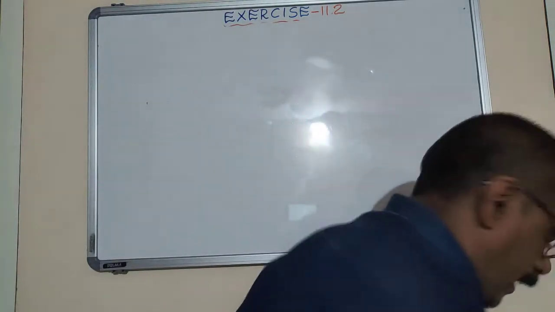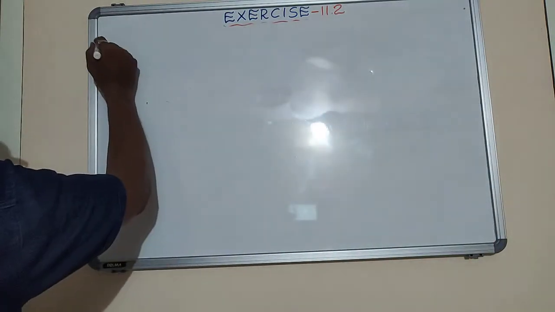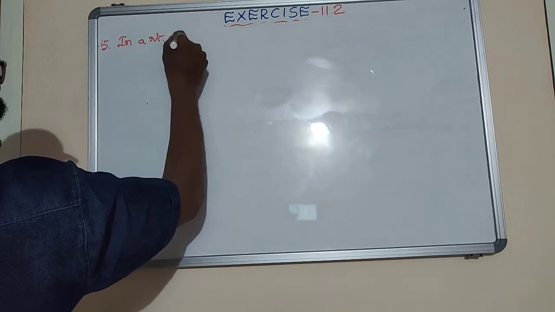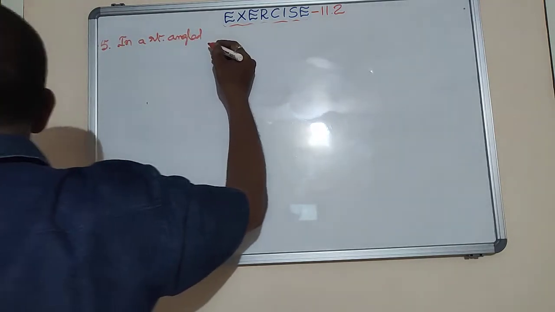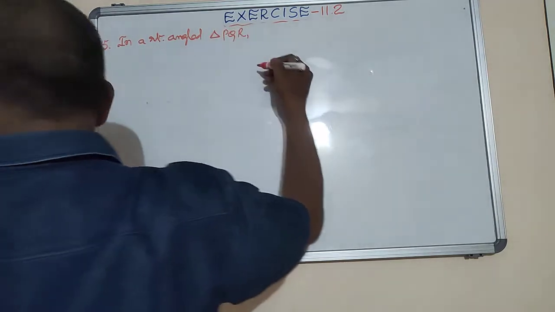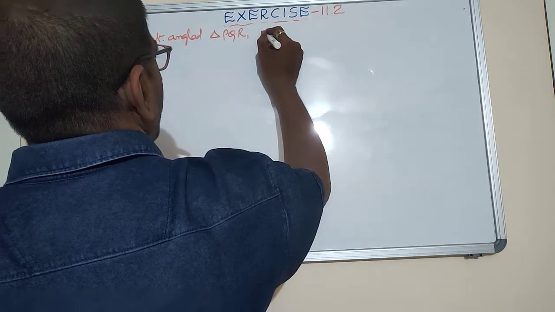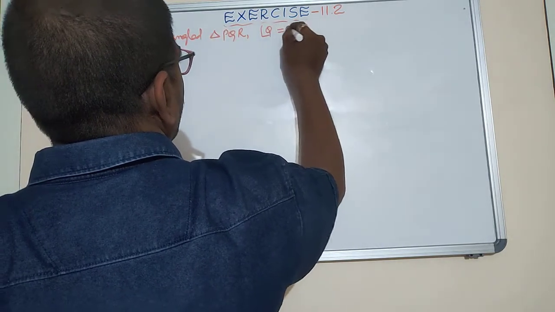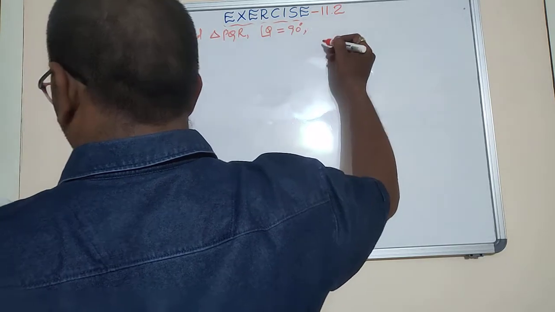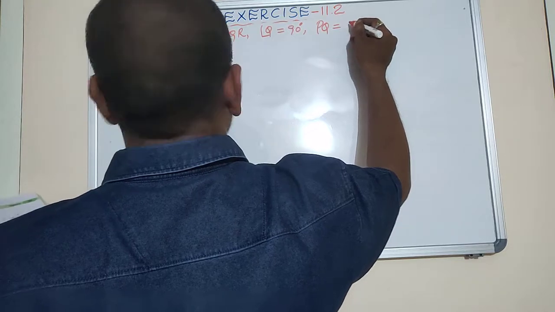What is the fifth question? In a right angled triangle PQR, the right angle is at Q. That means angle Q equals 90 degrees, and PQ equals 6 centimeters.